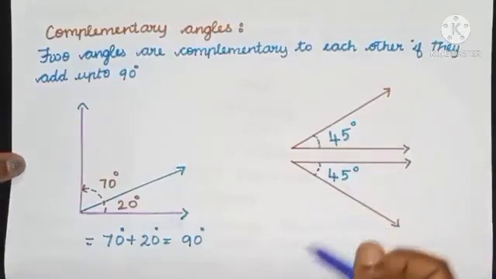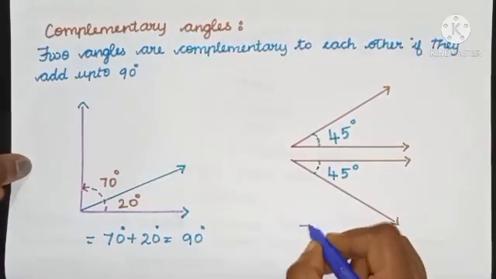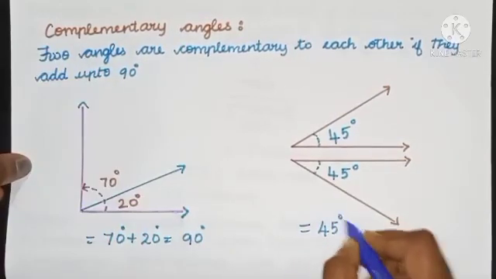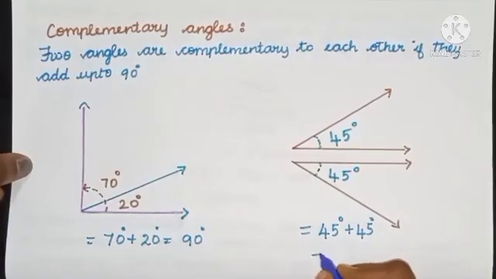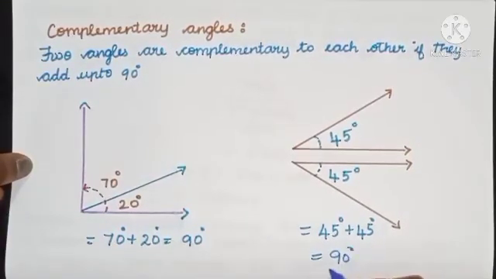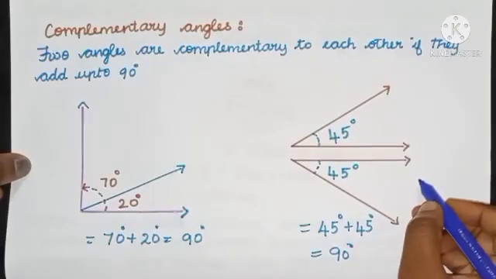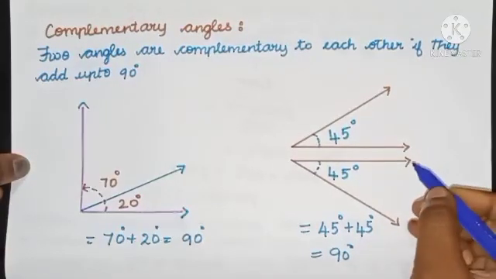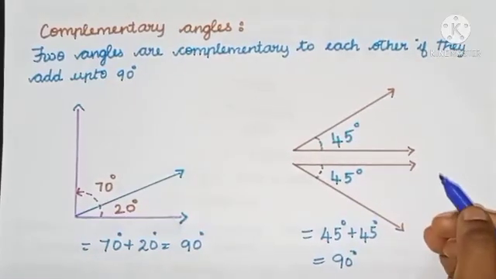First, let's check whether the given angles are complementary or non-complementary. 45 degree plus 45 degree. 45 plus 45 is equal to, yes, 90 degree. It is equal to 90 degree. So it is said to be complementary angles.